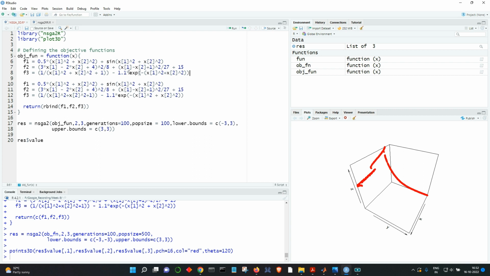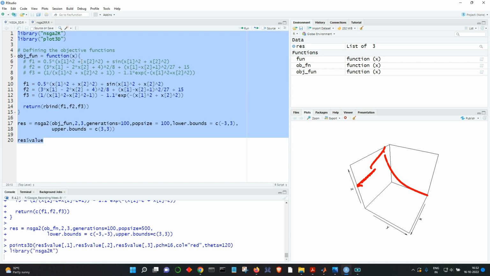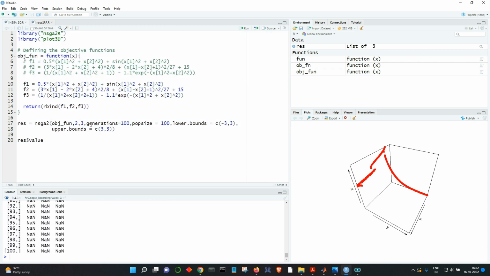What we can do is we can use this, or we can comment this and run this and see. So the problem is not in the optimization problems or the optimization equations. The problem is somewhere here.